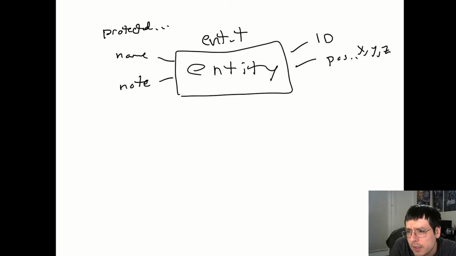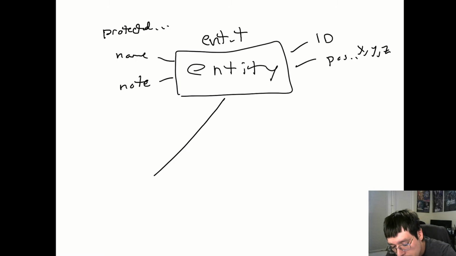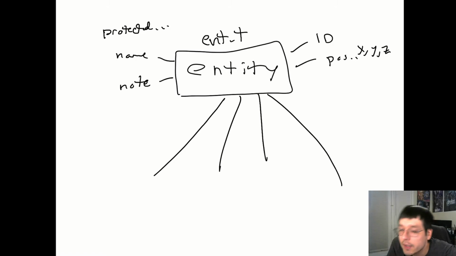You could also have some protected functions. You might even have some private functions that you intend only to work on this subset of code. From there, you can make a bunch of inherited classes, such as different entity types. So you might have a player, you might have an NPC, which is like AI.